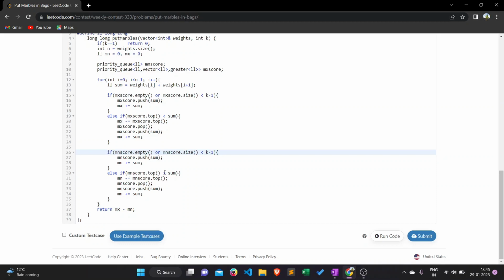If it is greater than the sum, but we have to maintain the minimum k pairs, right? So we decrease the sum by the top element and pop it, then push the new sum element and increment by the sum. Then we return max minus minimum.